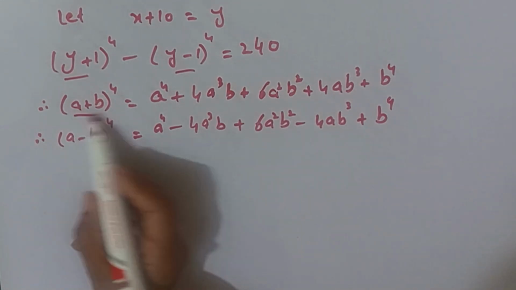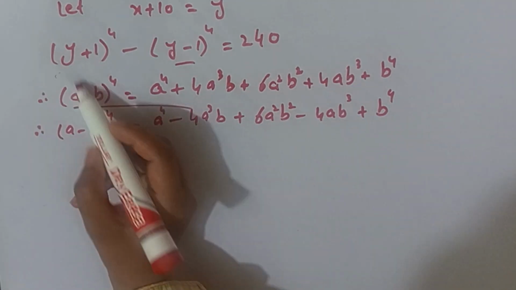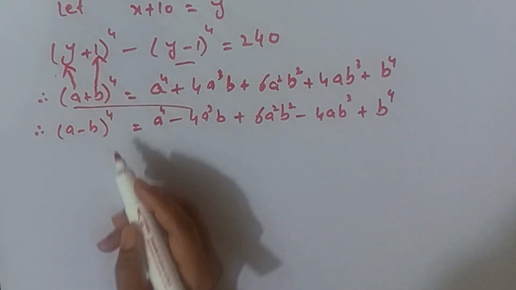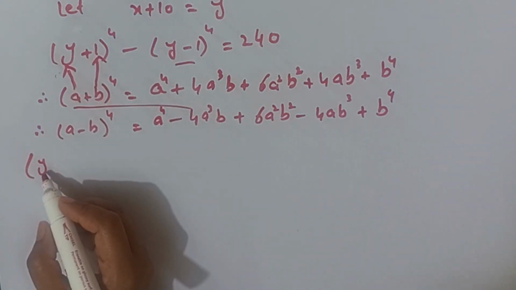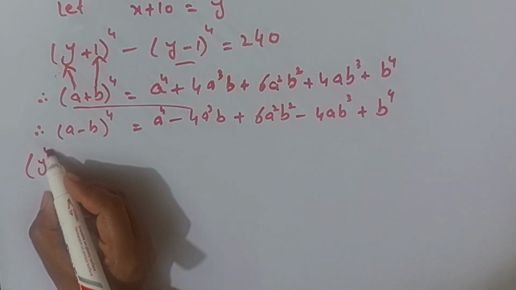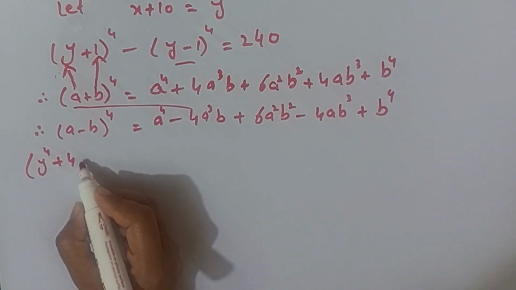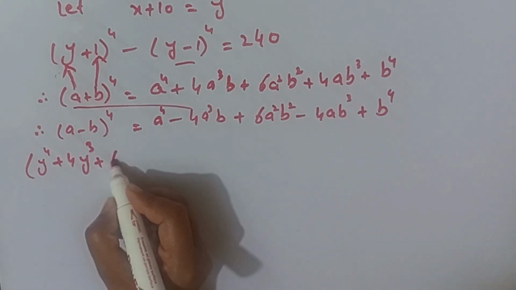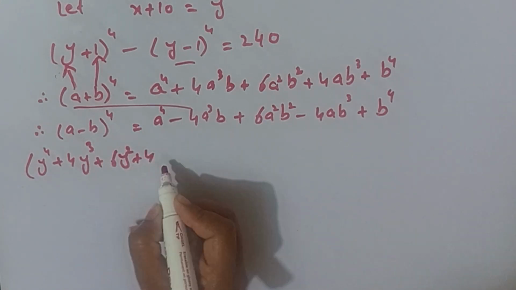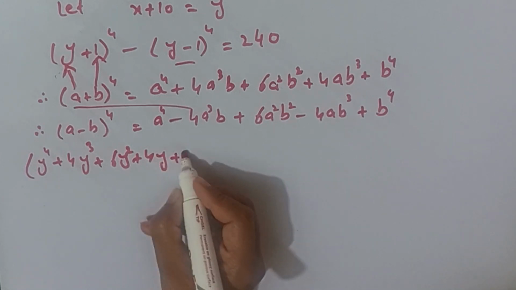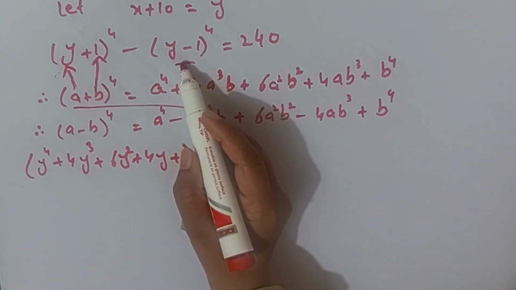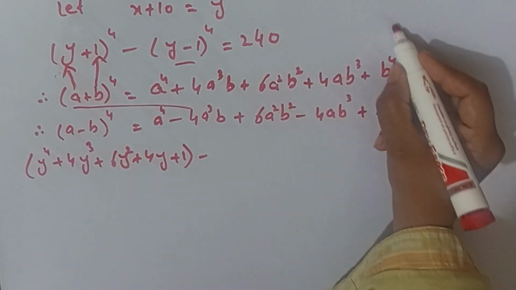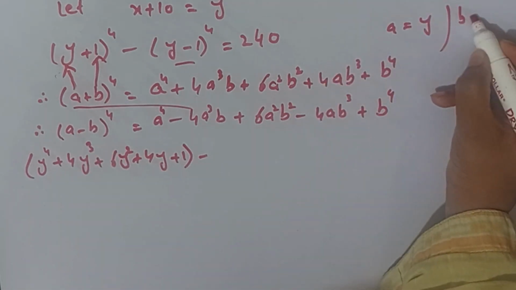So according to this identity, we expand this. Here a is equal to y and b is equal to 1.